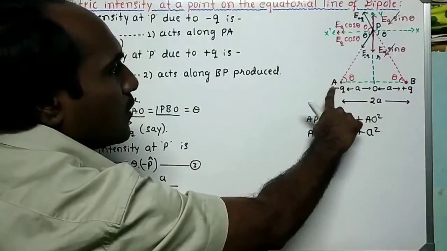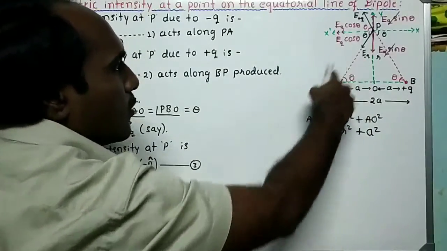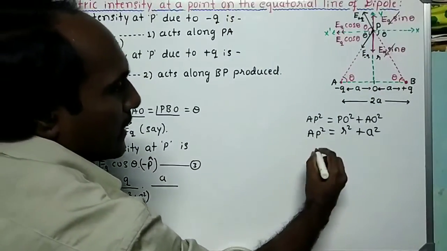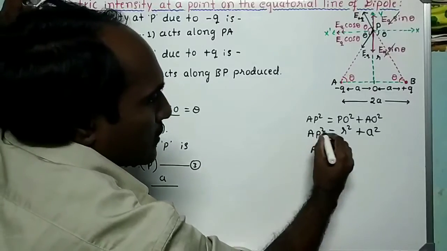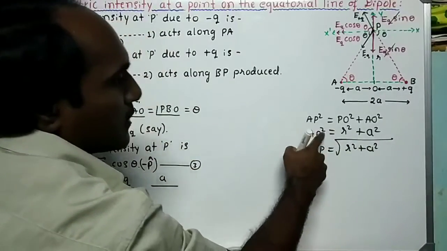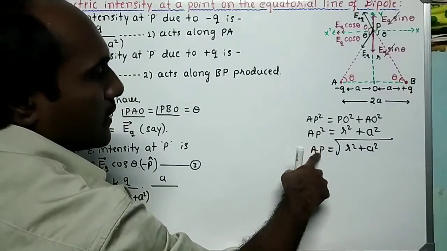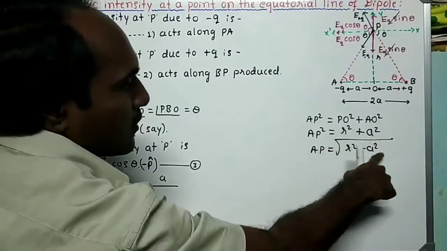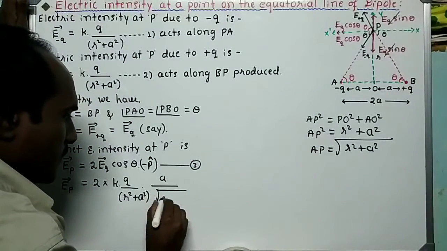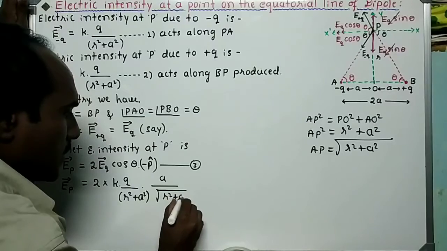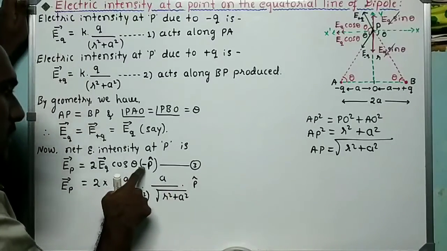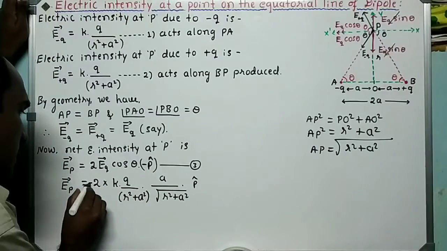Hypotenuse is AP. AP squared is R square plus A square, so AP becomes square root of R square plus A square. You know this, okay? That is square root of R square plus A square, into P cap. This negative sign I will take here.